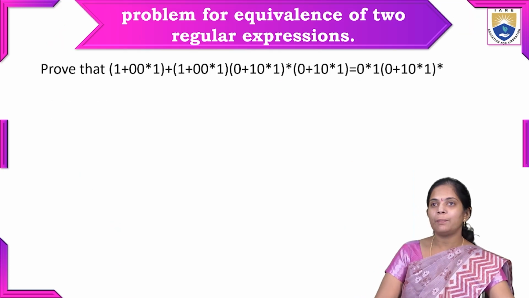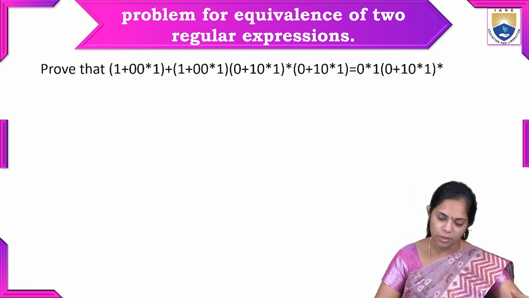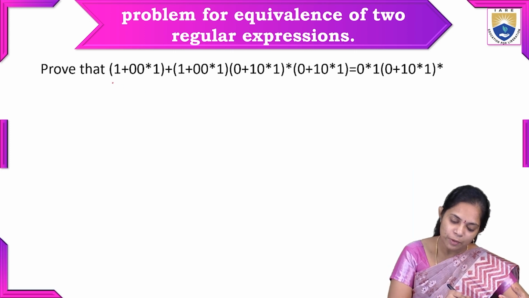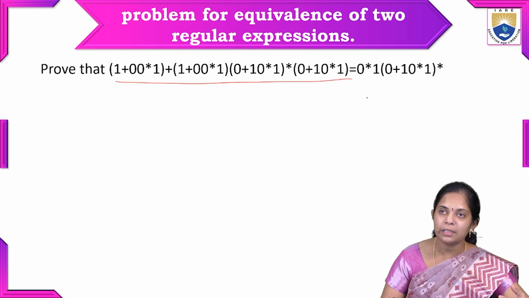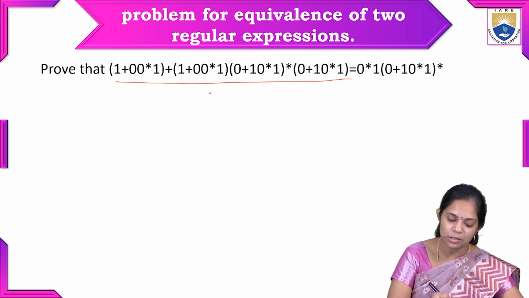Let's take this example and we will prove that LHS is equal to RHS. So here we have a regular expression, and we will perform this by using the identities of regular expressions. We will prove that LHS is equal to RHS.